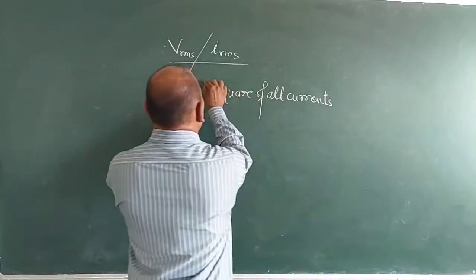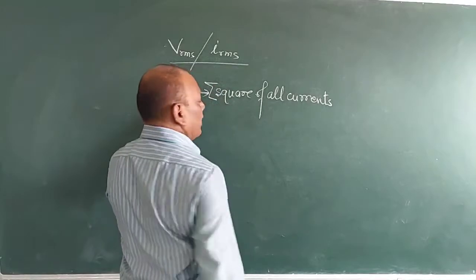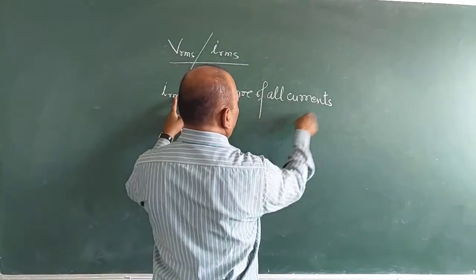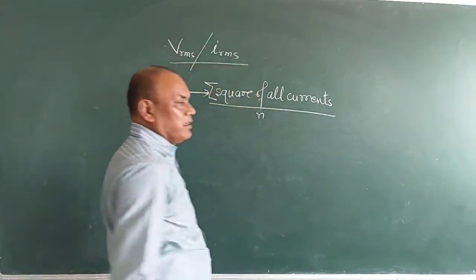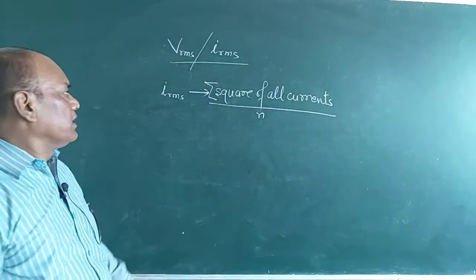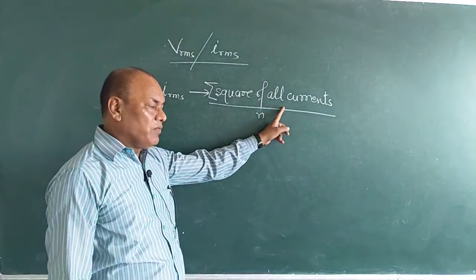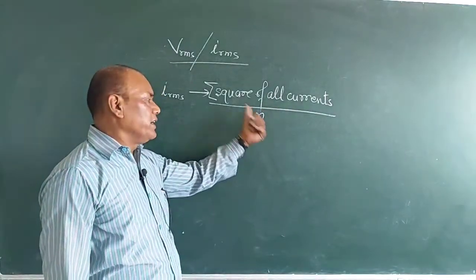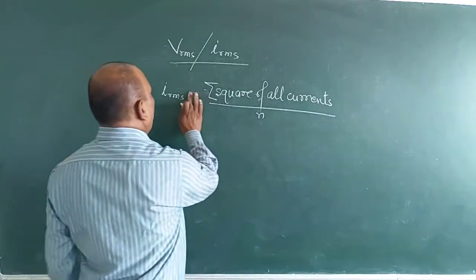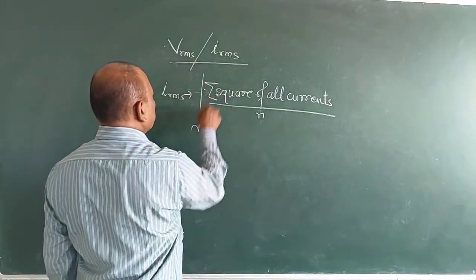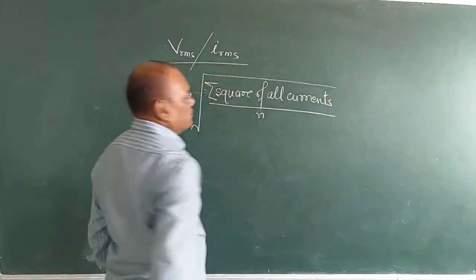This means the sum of the squares of all currents divided by n, the number of currents, and then the root. So the total of the squares of all currents divided by their number, under root.